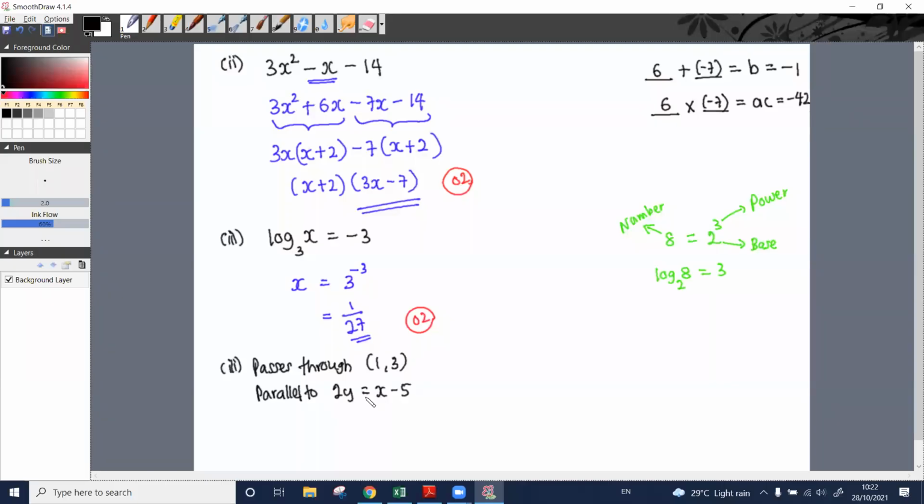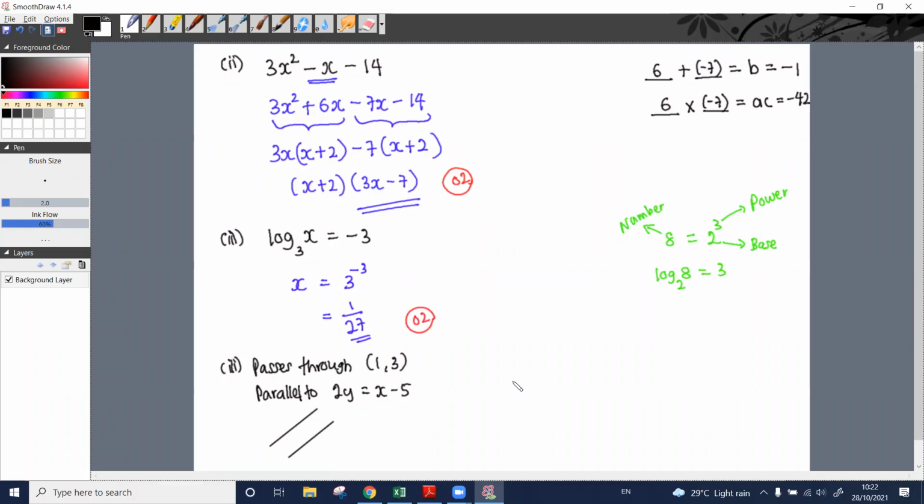Parallel means running alongside. What can you say about the slope of parallel lines?